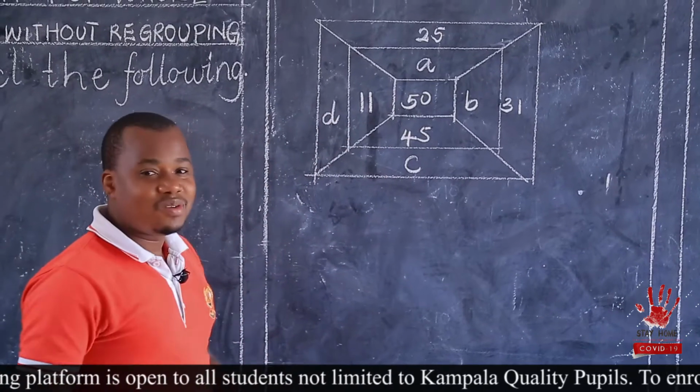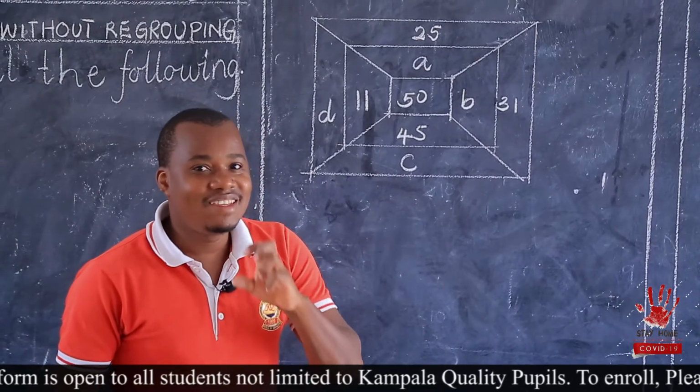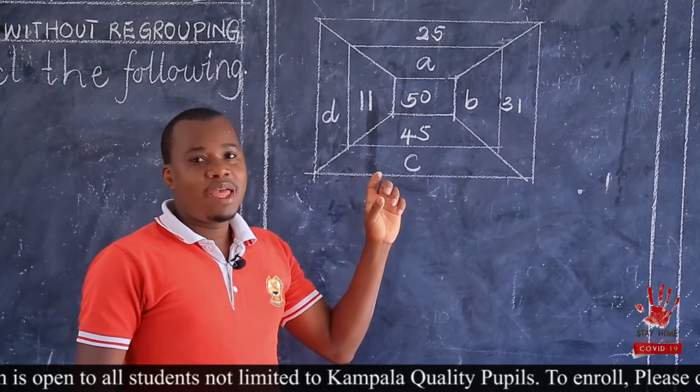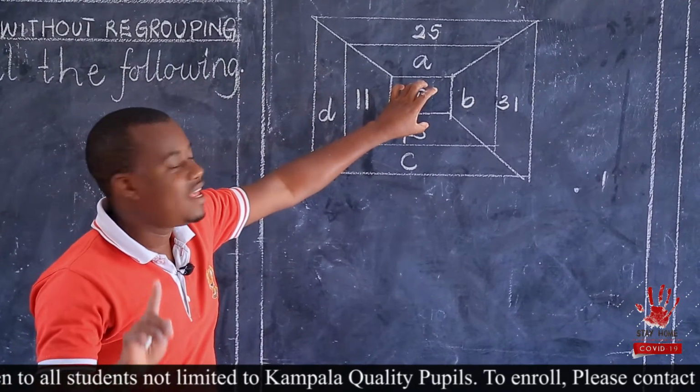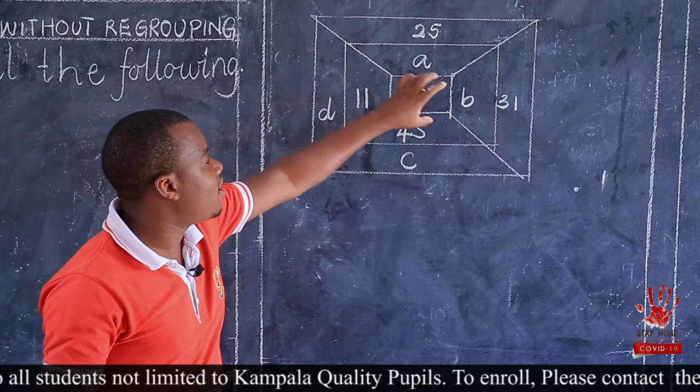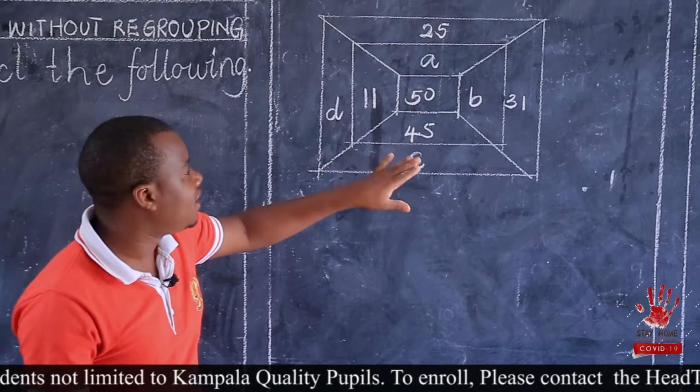You remember, my children, there is a trick that I gave you. When you are finding these numbers, what do you do? You first of all focus at the center. It is saying sum at the center. Then after knowing the center, you go to your dashes, your unknowns, your missing numbers.